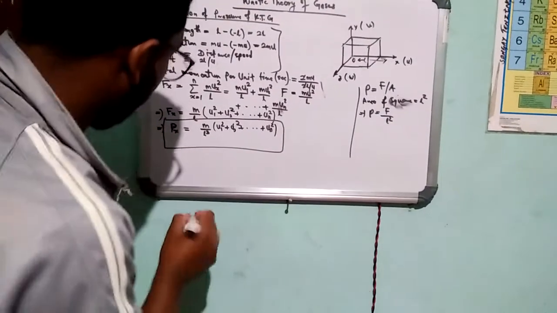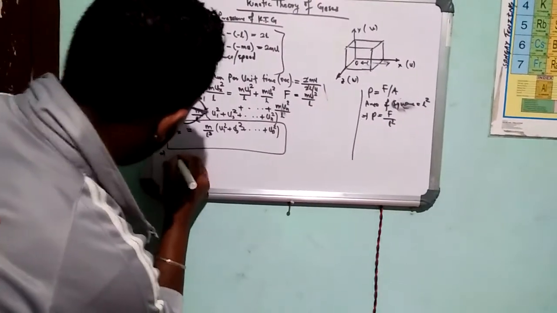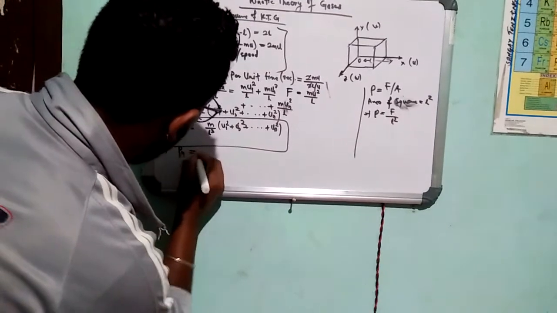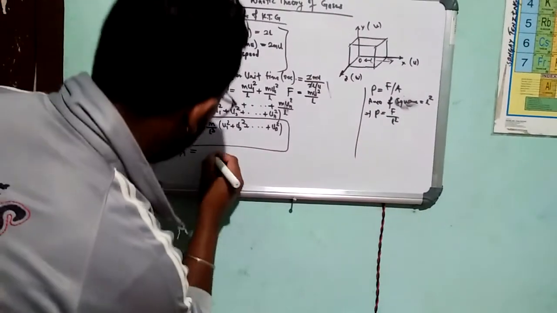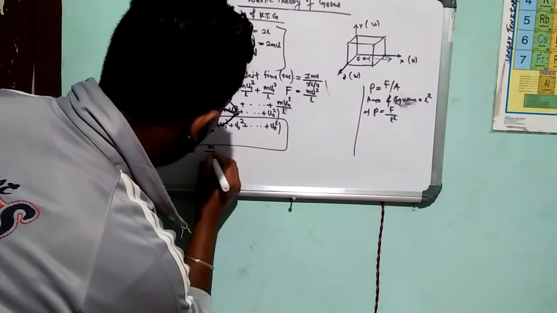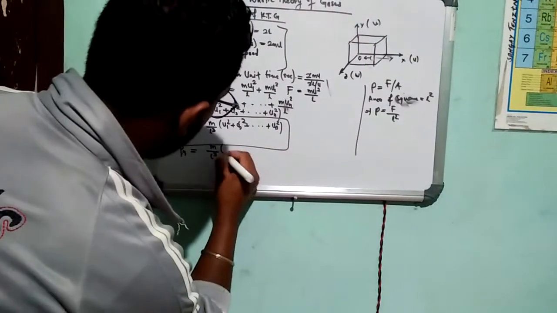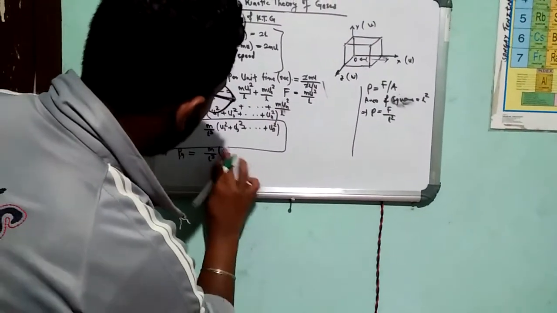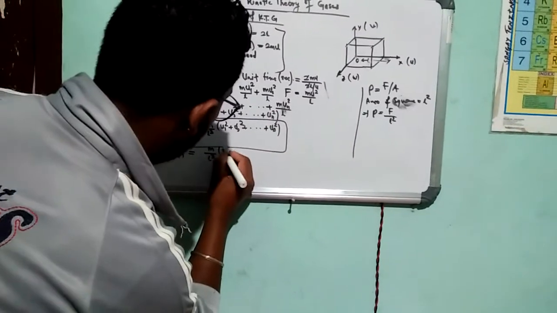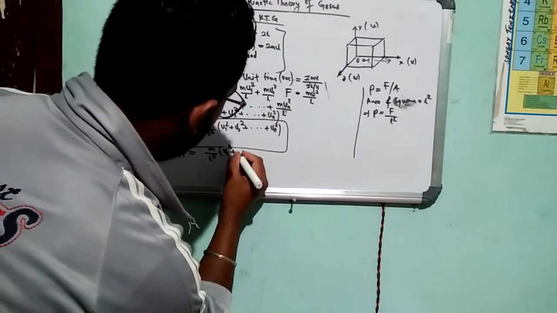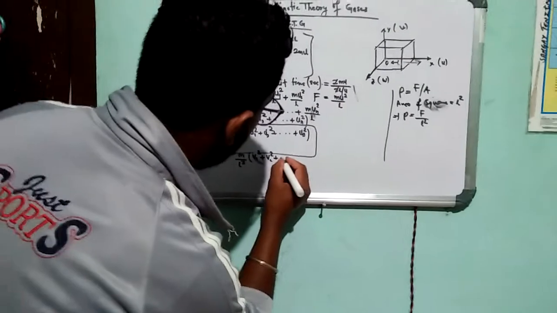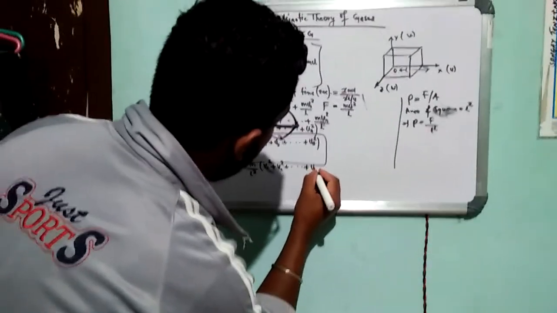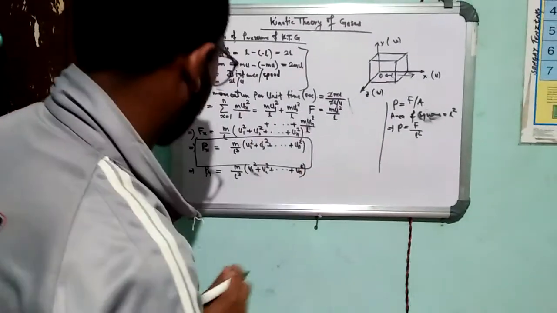Similarly, the pressure along the y-axis can be written as m by l cube, v1 square plus v2 square plus dot dot dot plus vn square.